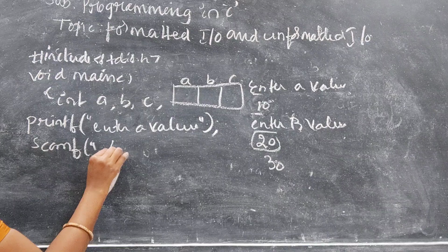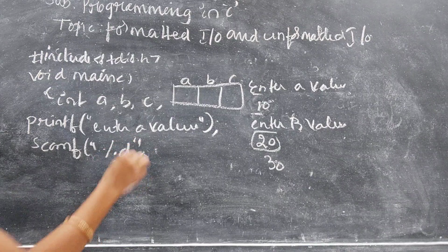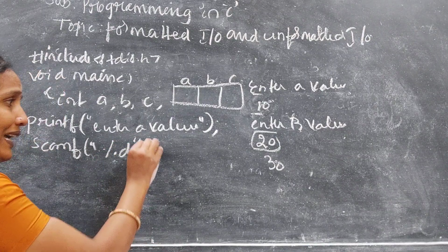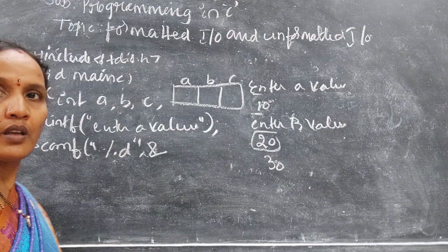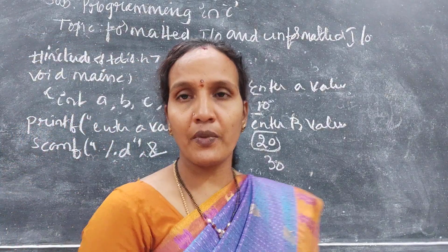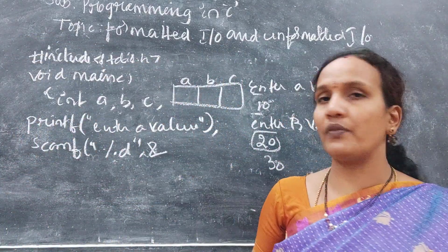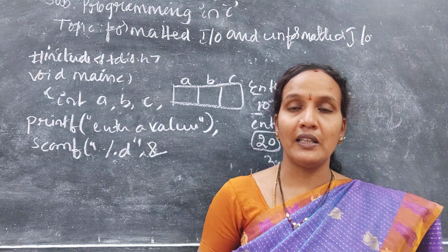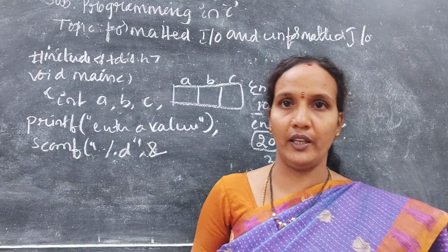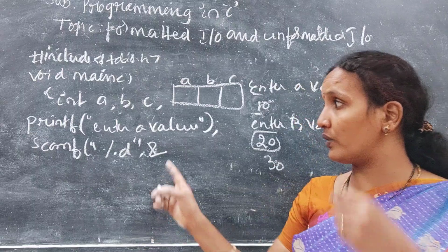Integer. So %d. Here I forgot to tell you one point, that is the address operator. This one is called ampersand. What is the use of this operator? It gives the location of the variable. Actually in the syntax I forgot to tell you this.